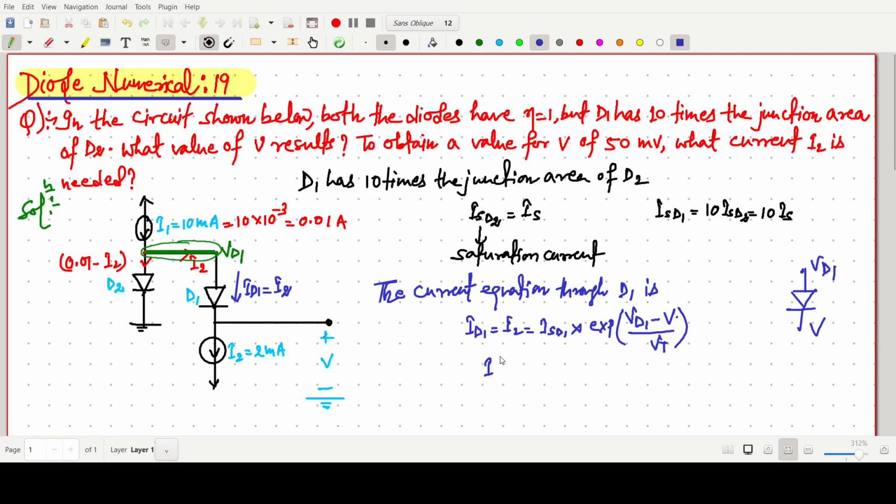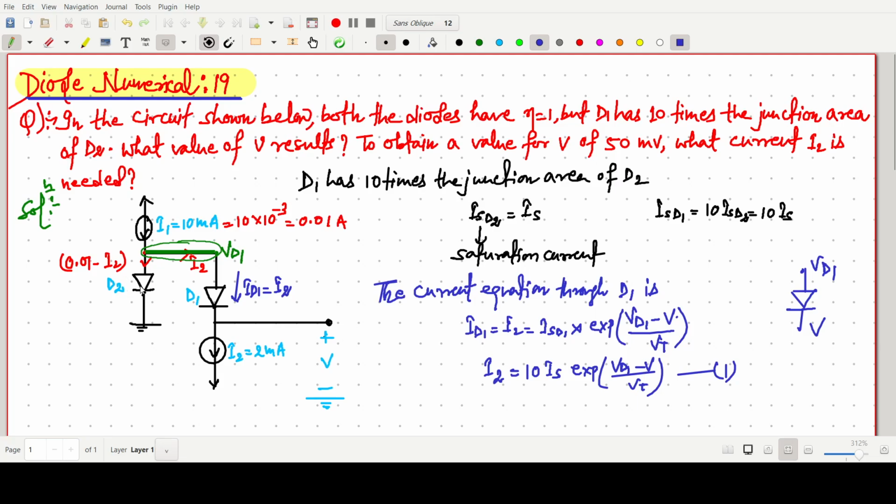So this expression is somehow we can write as I2 equals to ISD1. ISD1 is 10 times of IS times exp of VD1 minus V by VT. Say this was the equation number 1. I2 equation can write like 10 IS, 10 times of IS, because the junction area of D1 is 10 times the D2.